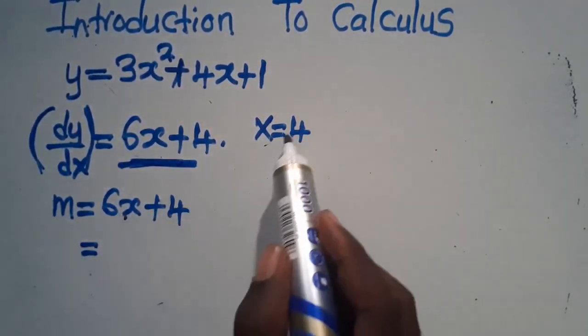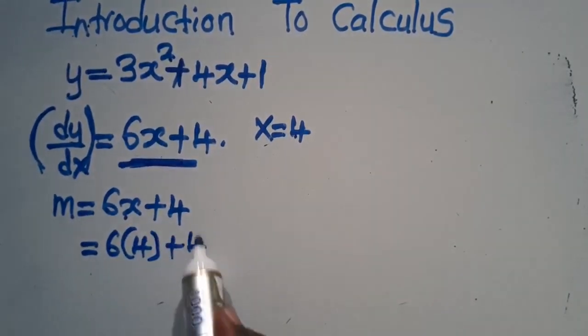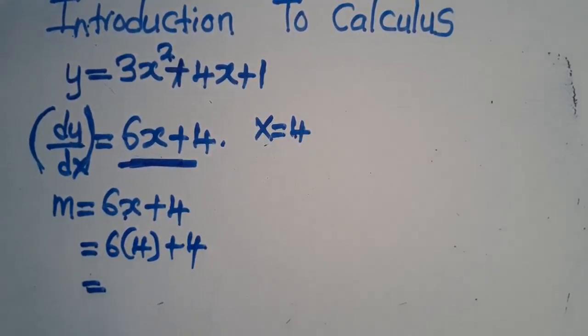Where there is x, put 4. So 6 times 4 plus 4. What answer are you getting? This is 24, plus this, you get 28. So this 28 here is your gradient.